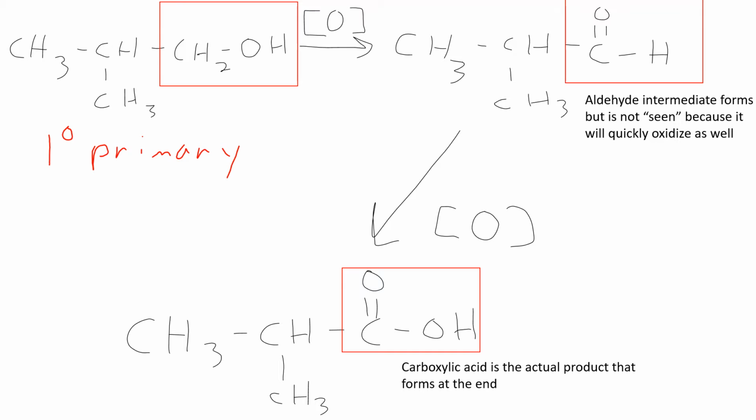Now, the first thing that happens when we oxidize a primary alcohol is that we end up forming an aldehyde. In the upper right, you're going to see an aldehyde getting formed. Again, we're only changing the functional group. That's the only thing that is happening here. Inside the red boxes are where the changes are going to occur. Now remember, we said we were going to see three things happen in every oxidation.